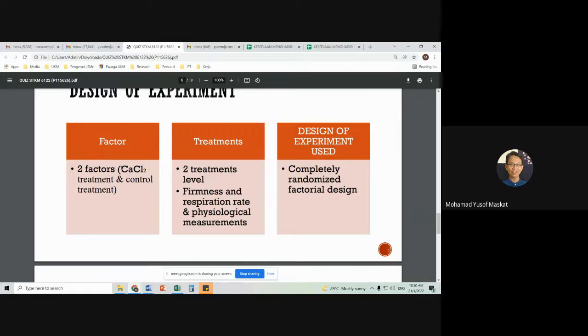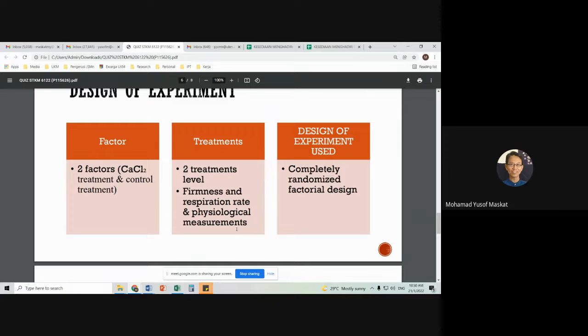So what are the treatments? The treatments are the levels or type. So you have two treatments over here. So two treatment levels. So you say that firmness and respiration rate and physiological measures. Remember, treatments are things, aspects that we impart on the samples.